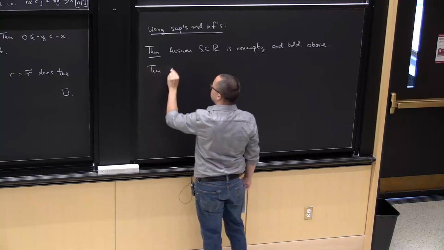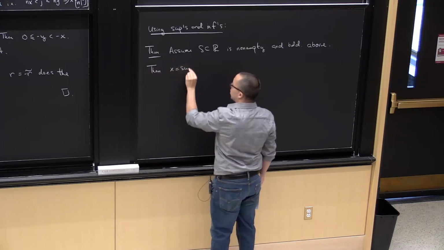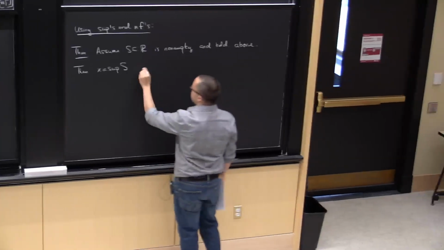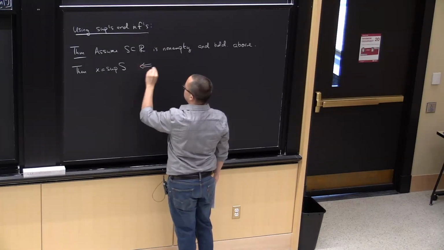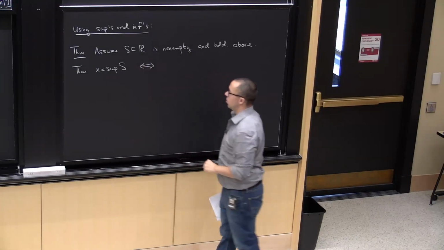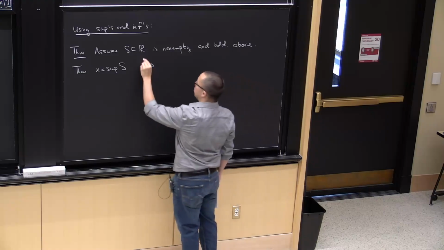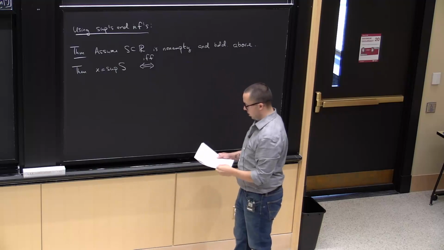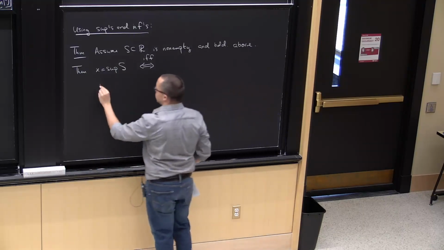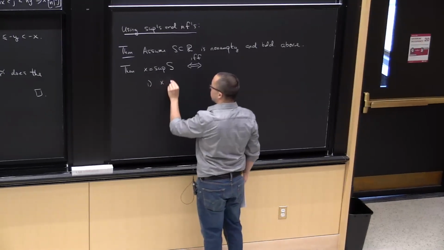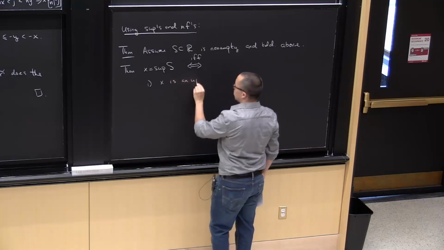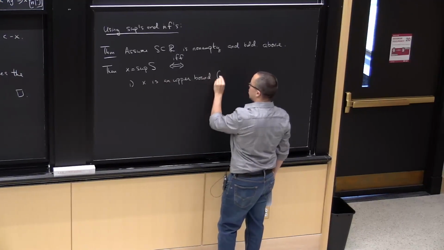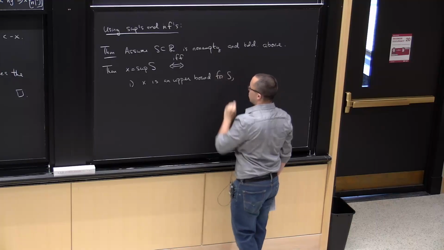Then some number x equals a sup of S if and only if, either I'll do a double arrow or I'll write IFF, two conditions are satisfied. The first is that x is an upper bound for S.